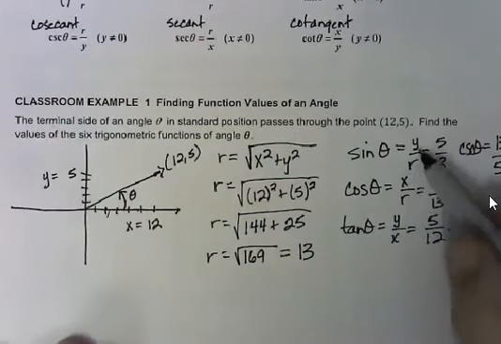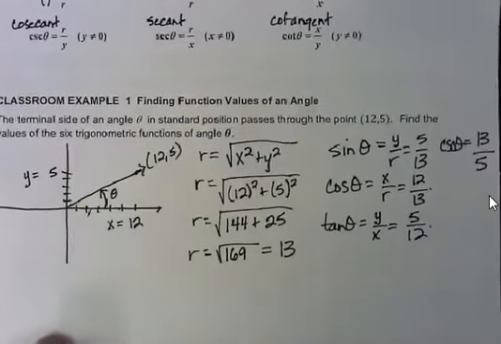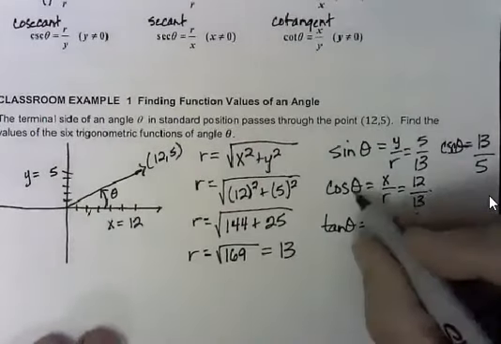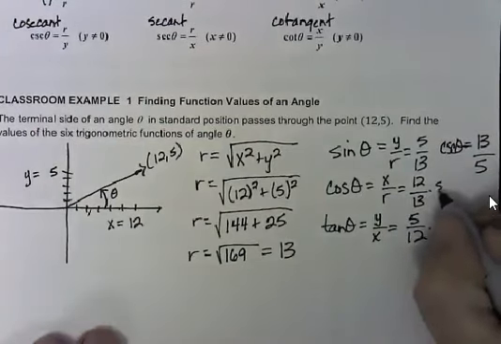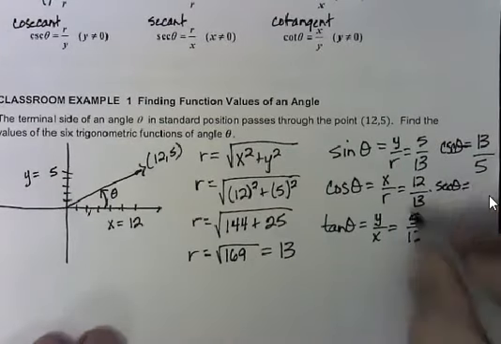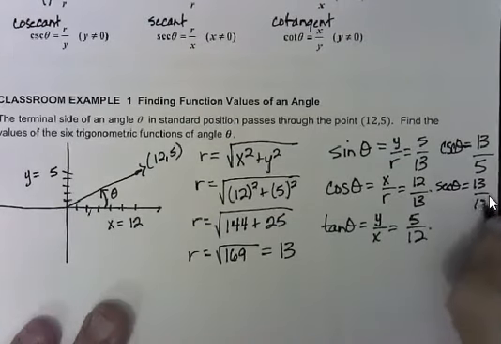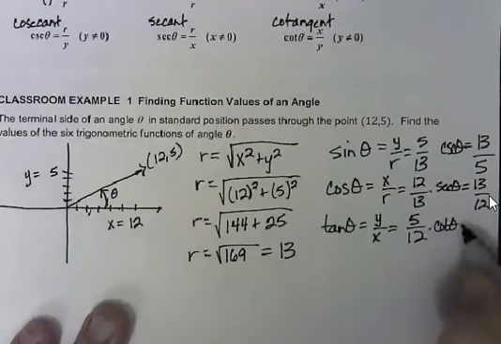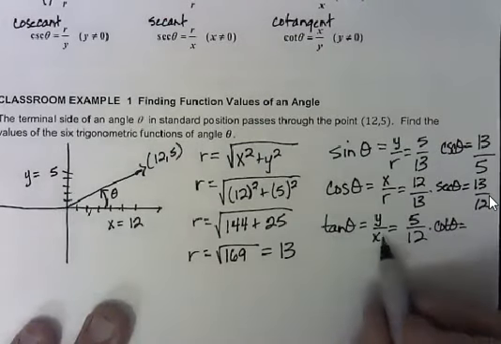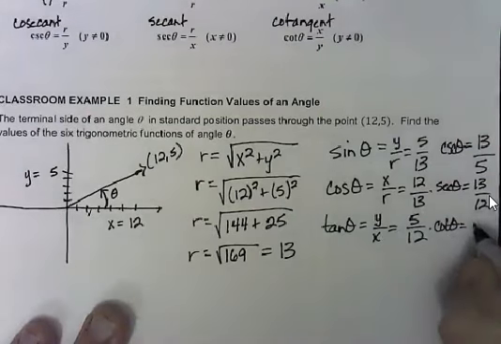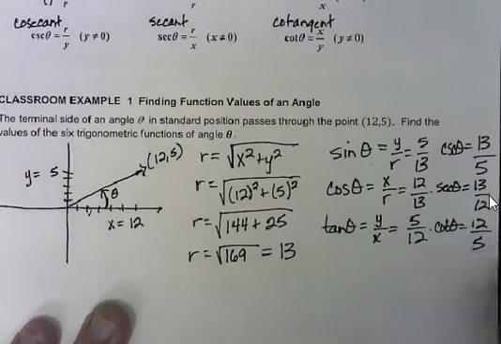That would be the same as doing r over y. The reciprocal of cosine is secant. So secant is r over x. That would be 13 over 12. And for cotangent, it's the reciprocal of tangent. So it would be x over y, or 12 over 5.